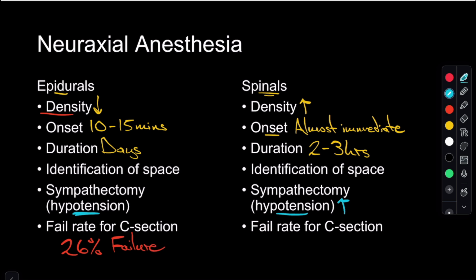I thought that seems a little high, so that could be a good point to ask our attendings about. Whereas with spinals, there's about a 6% failure rate of being able to perform a C-section. So a lot less, it's a lot more reliable for performing C-sections.